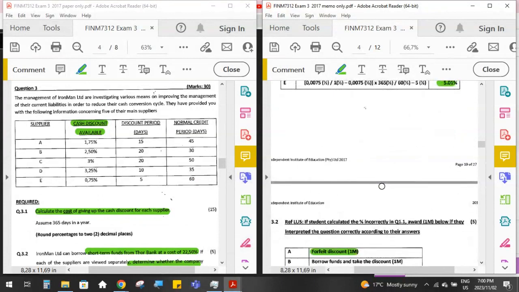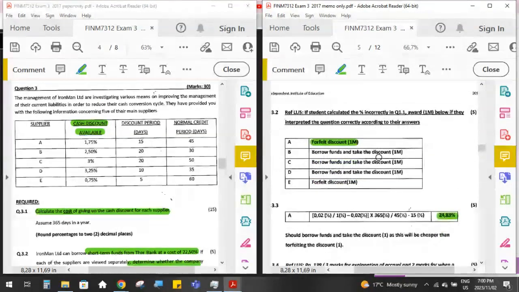But now, if I increase my amount of discount available, the cost of not taking the discount is now higher than the cost of taking the discount.